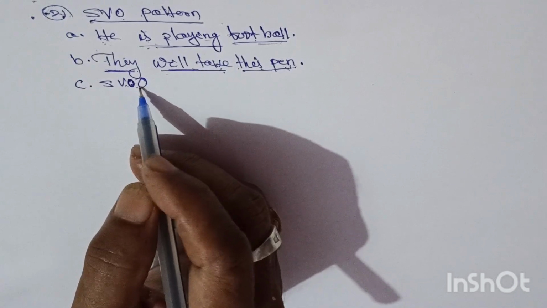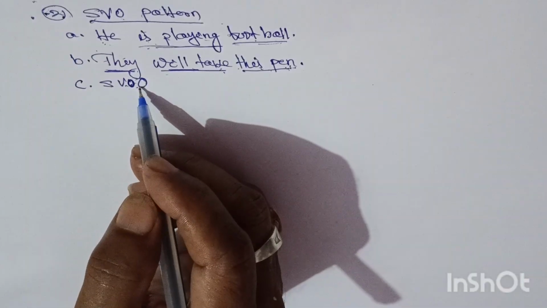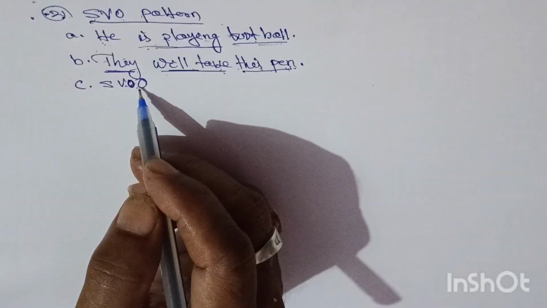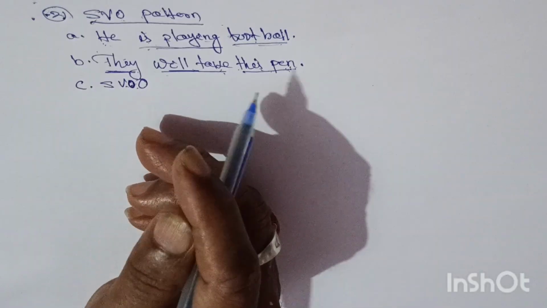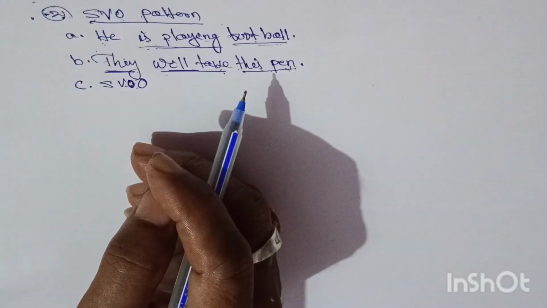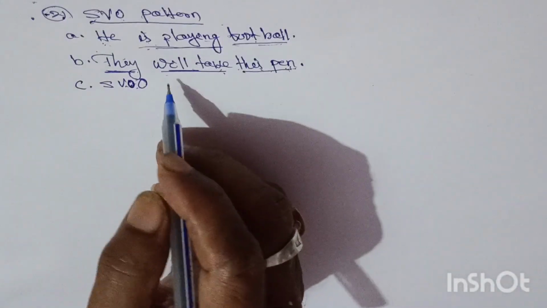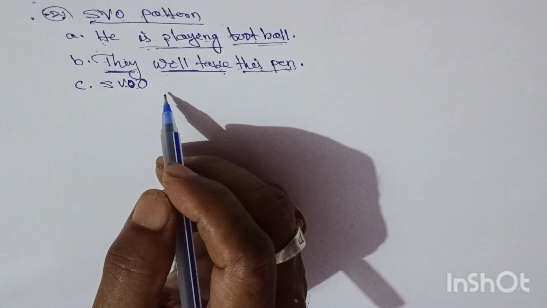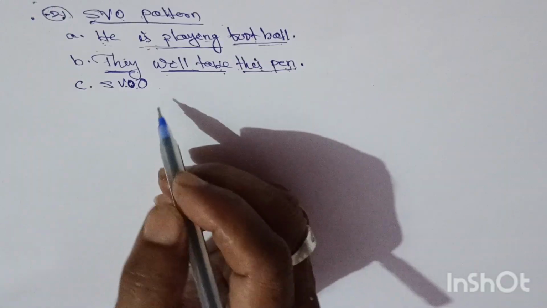A direct object refers to a thing. An indirect object refers to a person.